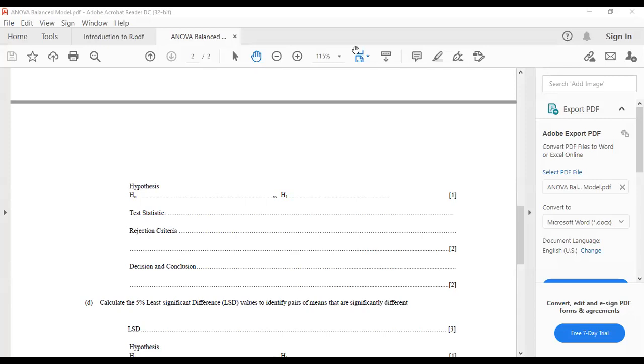So now the question is, which is a better brand?